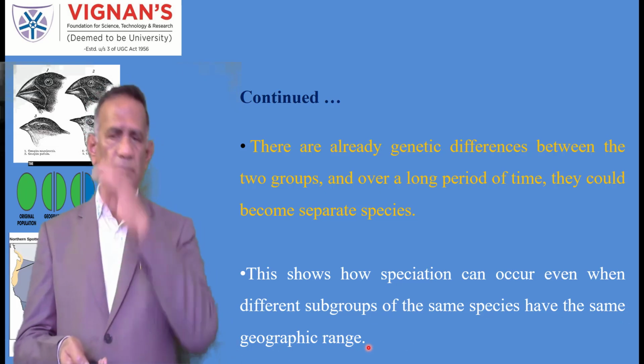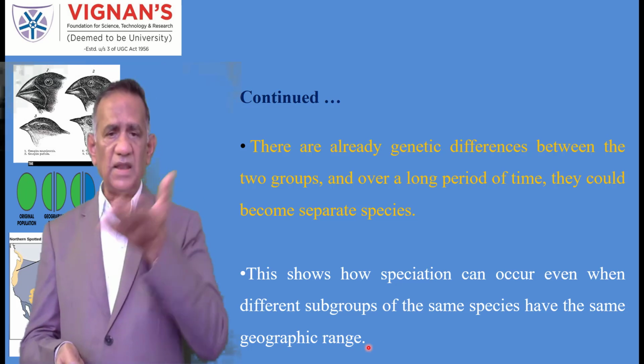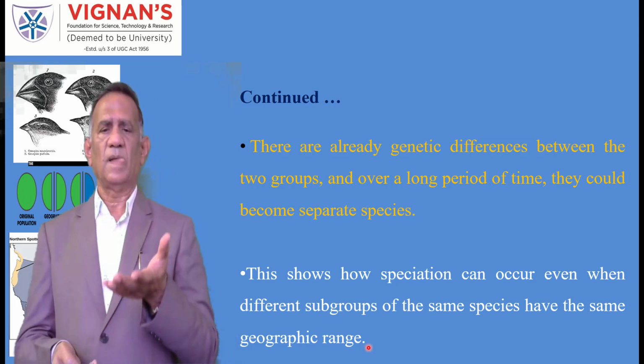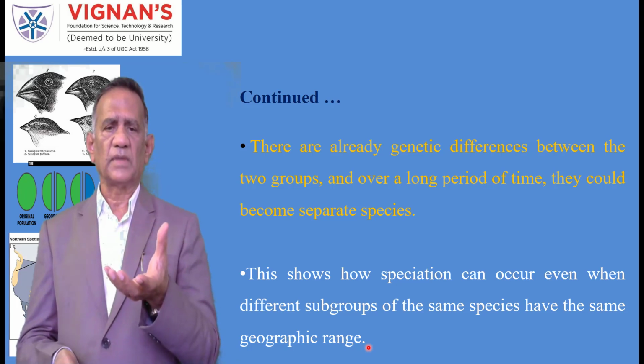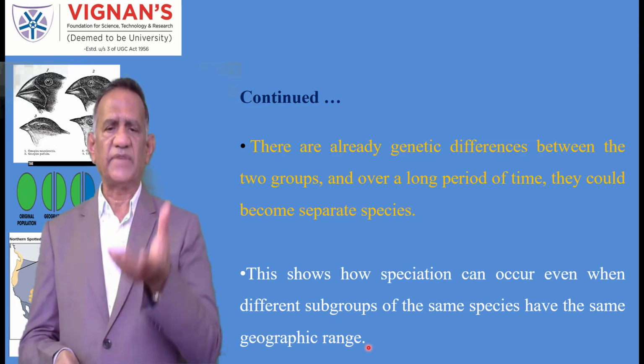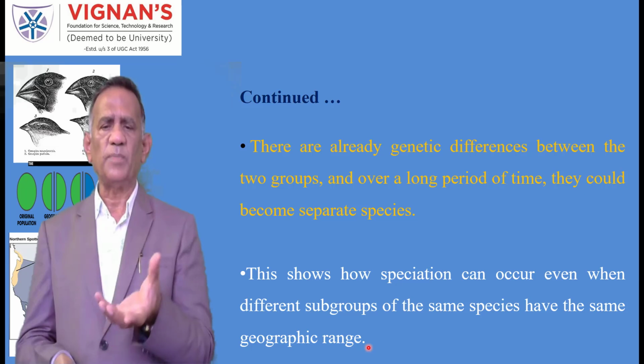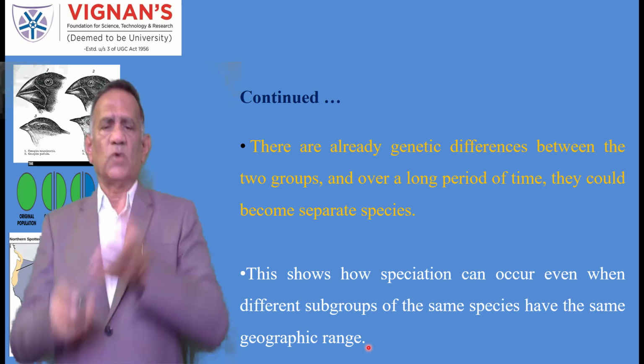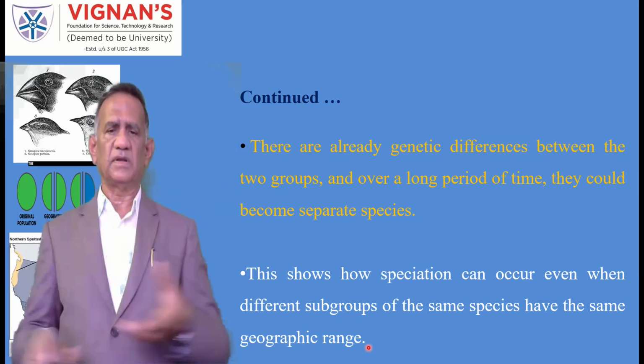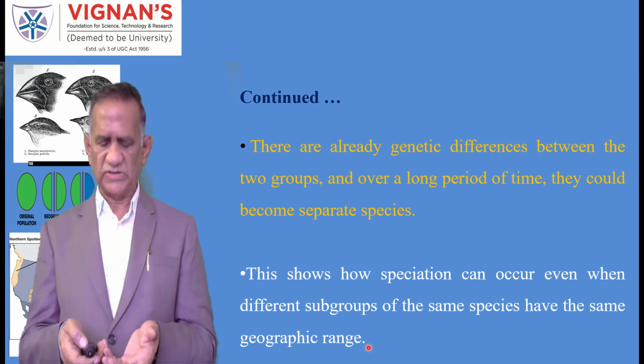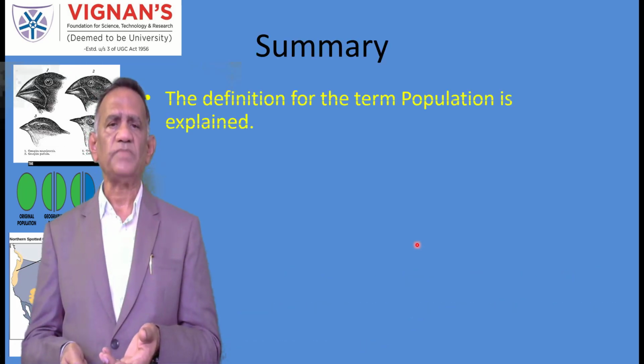They are all living in the same region, but one group of maggot flies has taken the hawthorn fruit and the other group has taken the apple fruit. So over the generations, they have diversified as sympatric species.